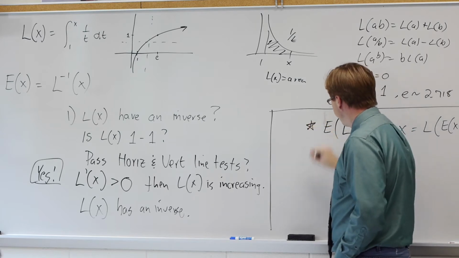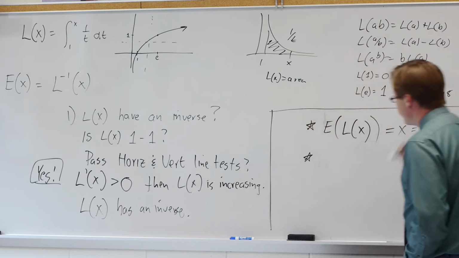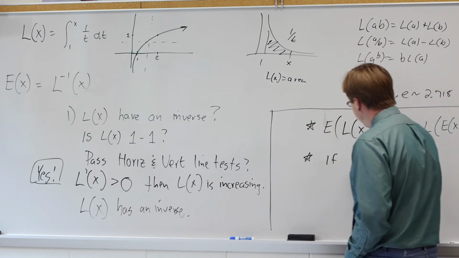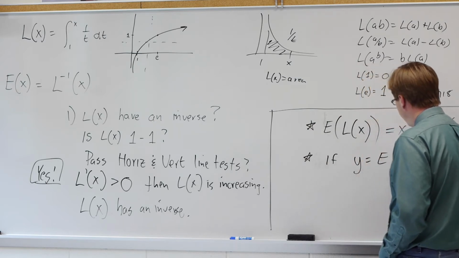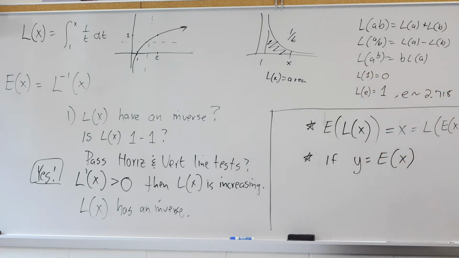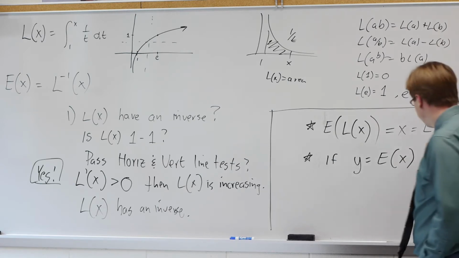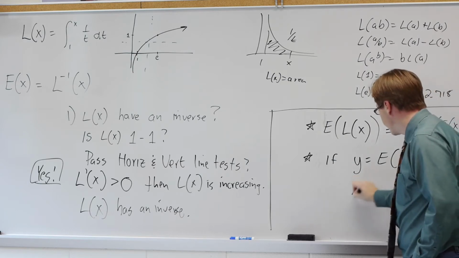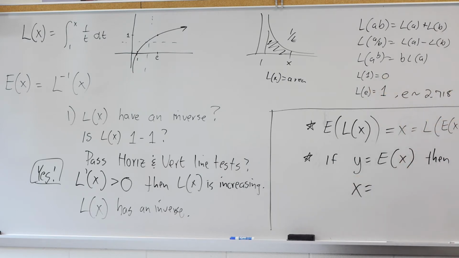So that's one handy property of inverses. Here's another handy property of inverses. If y is E of x for any ordered pair x, y, then x is what?